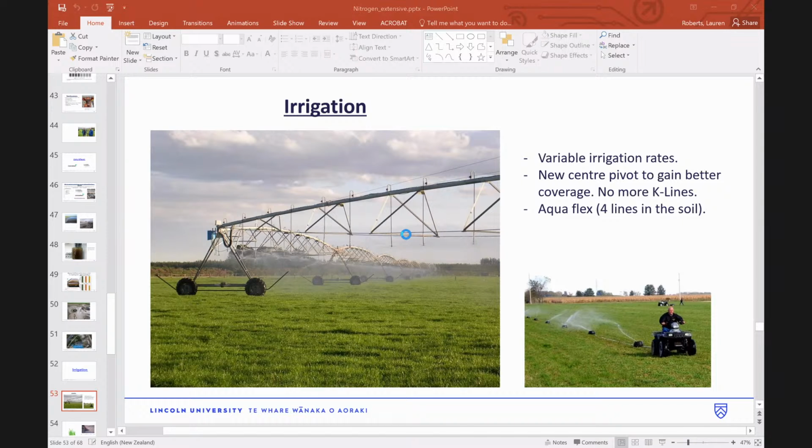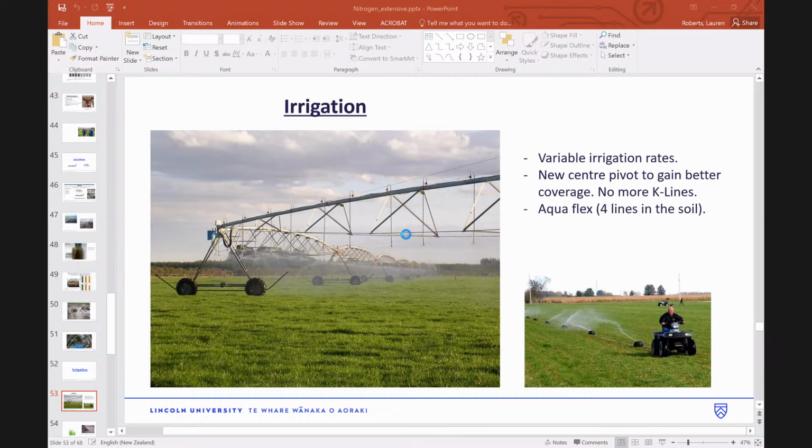So a really, really good piece of technology. Once again, it's underground, but definitely worthwhile. And you can just set it up. Because we've got 4 different soil types, we do need 4 different AgFlex, one for each type of soil. But it's definitely worth it. So that's been really positive.